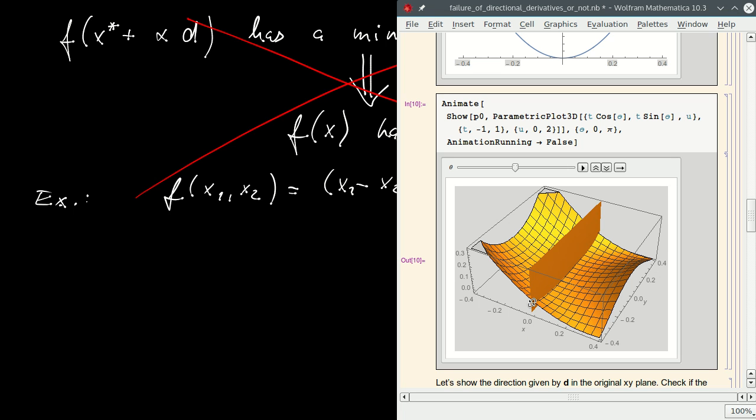The second derivative vanishes. So we simply cannot apply the argument that we used for transition from one direction to all directions at once.